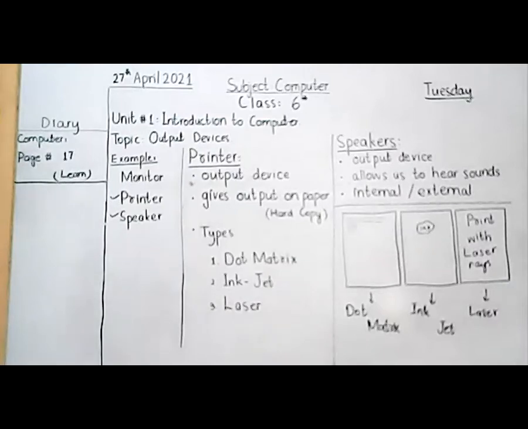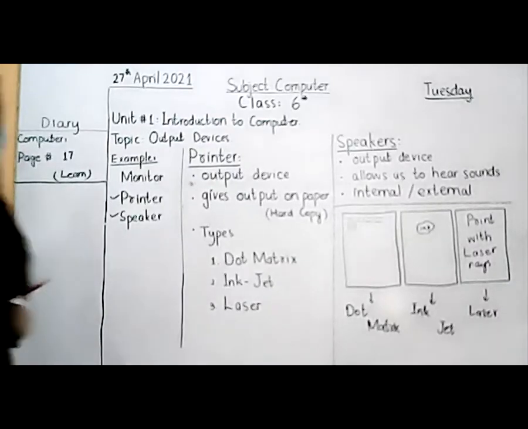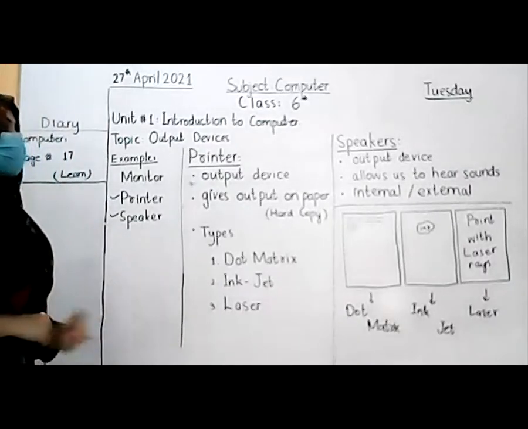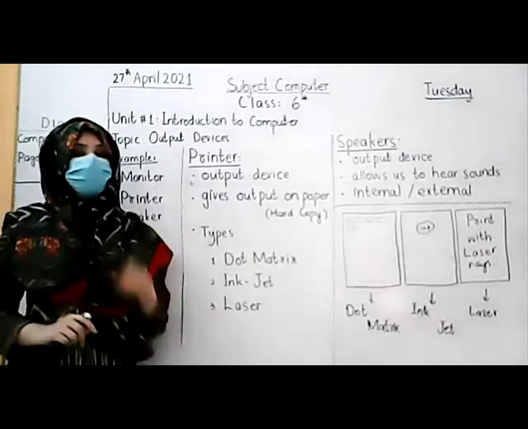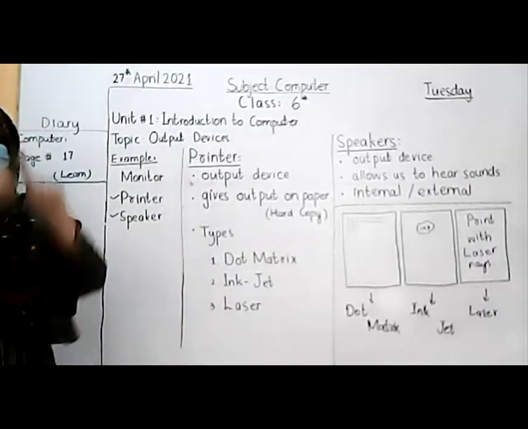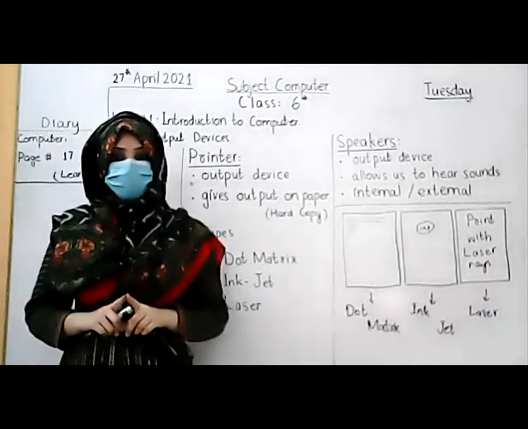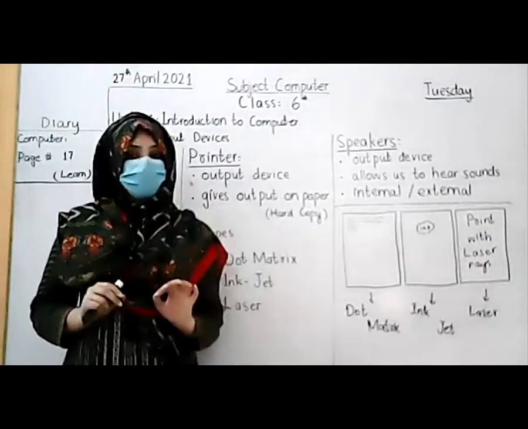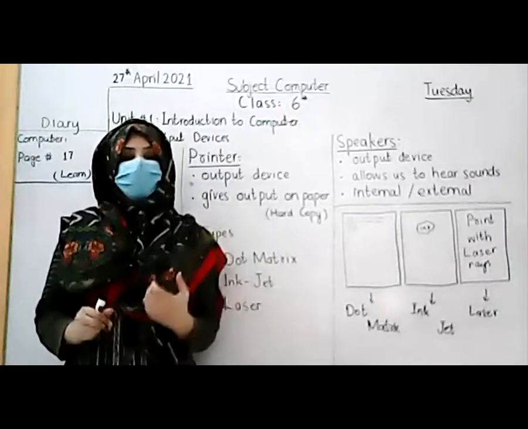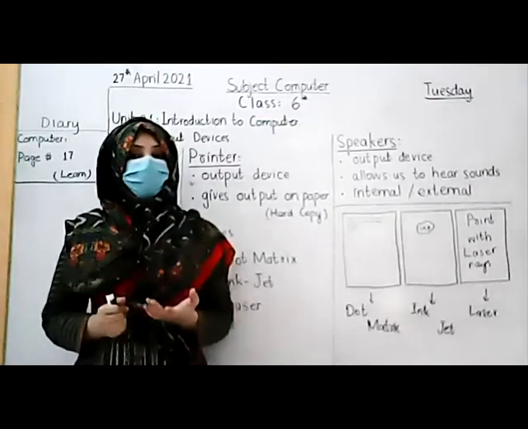Okay, now we are going to talk about the printer. A printer is an output device which always gives the result on paper. For example, there is a picture in your computer and you want to print it on a page. You want to take its hard copy. So how can you take it?